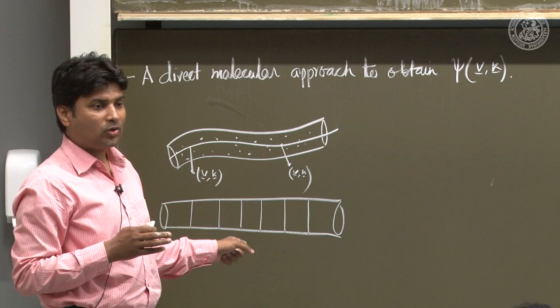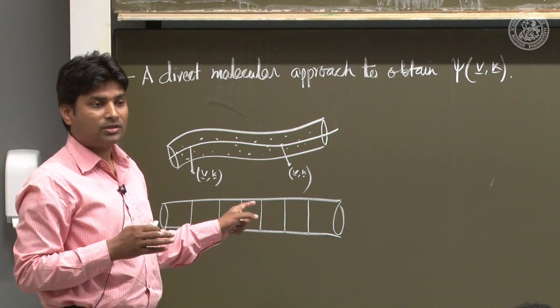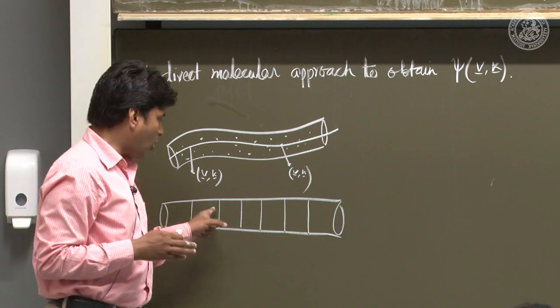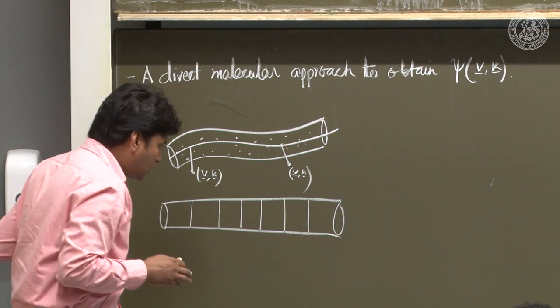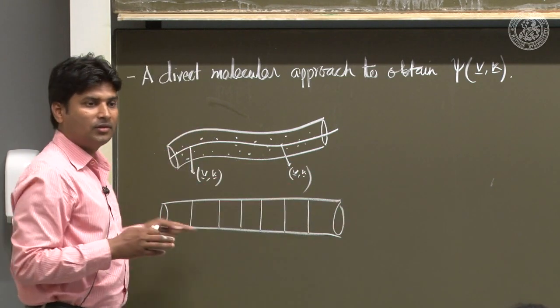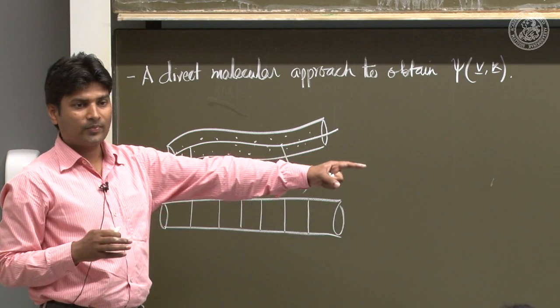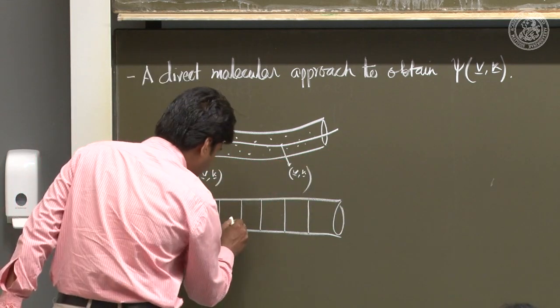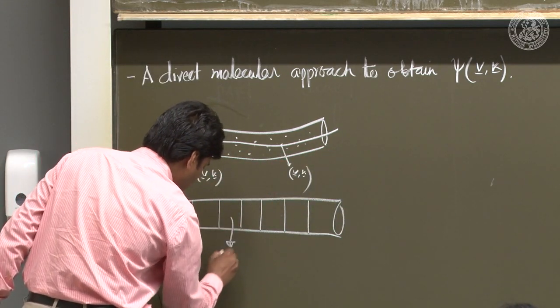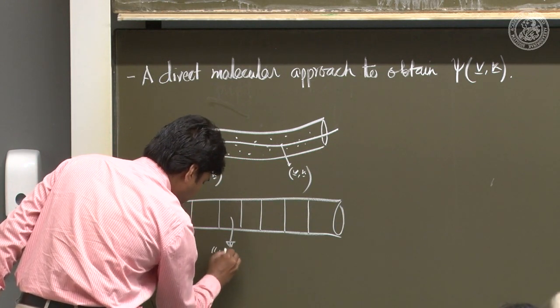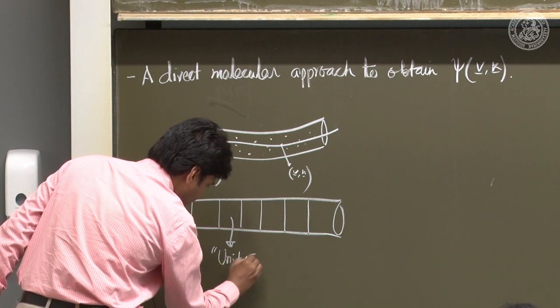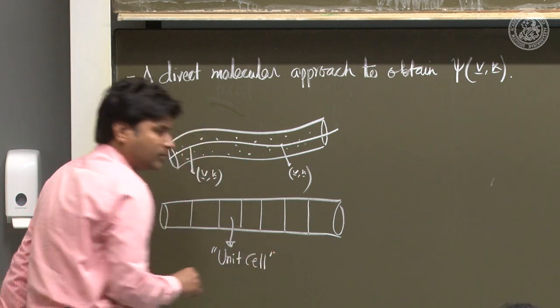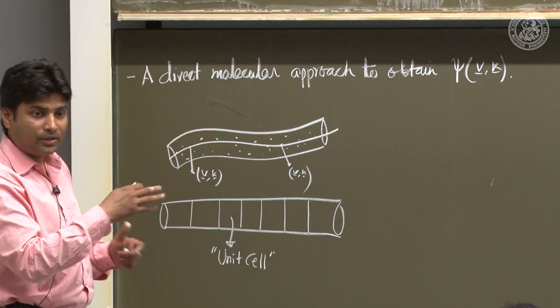In the case of nanorods, in its reference state, that box will only repeat in one direction along its axis, and that you can call its unit cell, something which is repeating along the axis.